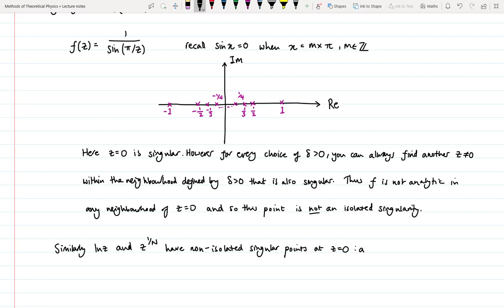How can we tell? Well, we can consider the behavior in a neighbourhood around that point. For these functions, any neighbourhood will contain points belonging to a branch cut.